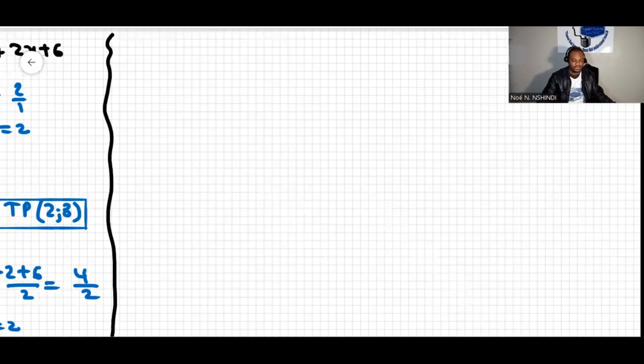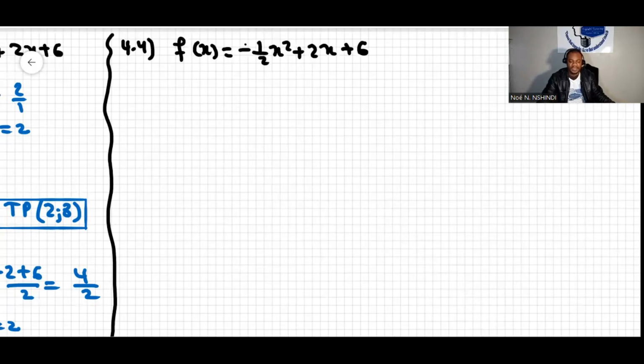So question 4.4. The question says sketch the graph of f, and clearly indicate all intercepts with the axes and the turning point. f of x is given by -1/2 x squared plus 2x plus 6.